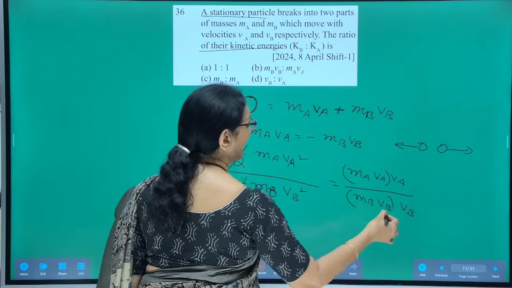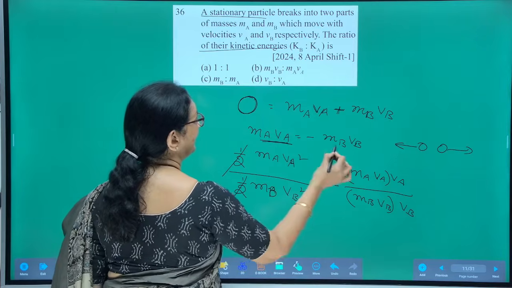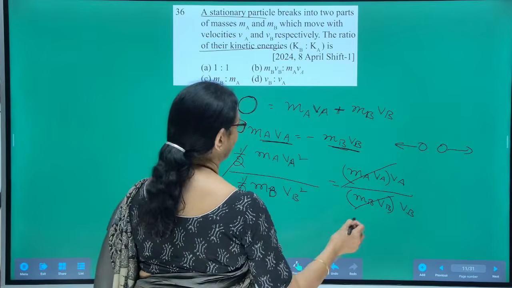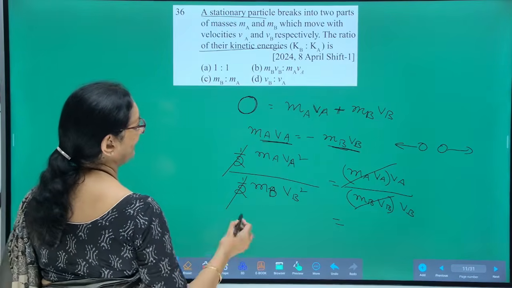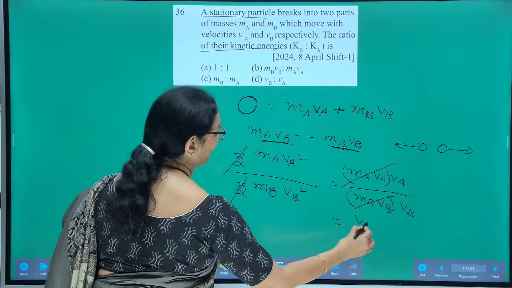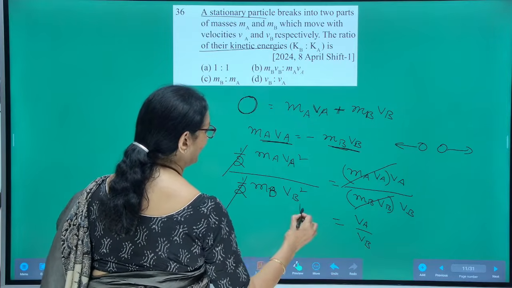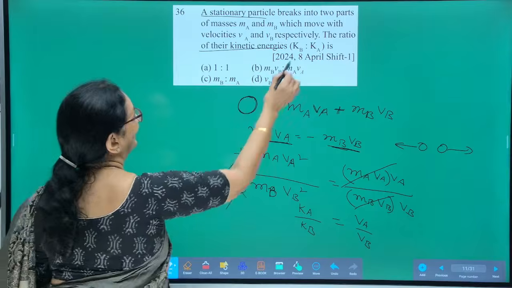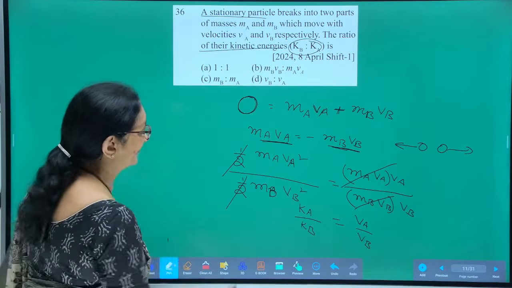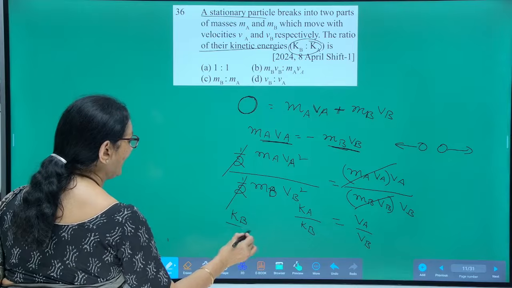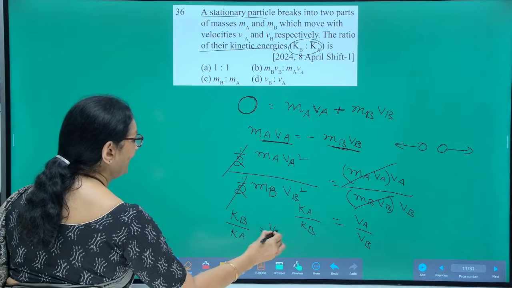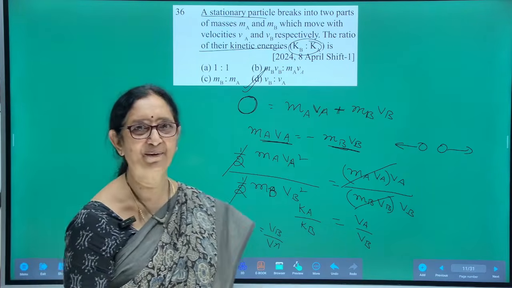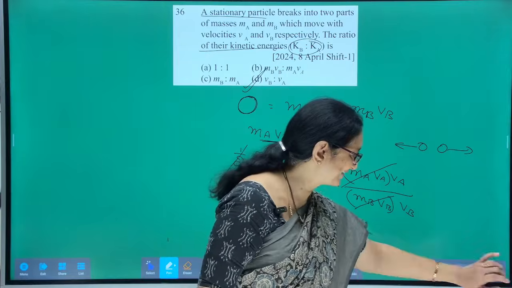See here, ma va is the momentum of the first piece, mb vb is the momentum of the second piece. As they are equal, it just gets cancelled. So, the ratio of kinetic energy of the first piece to the second piece is va by vb. But here they asked kinetic energy of second to the first. So, KB by KA will be vb by va. So, this is the right option for that problem. Okay, simple but interesting, isn't it?